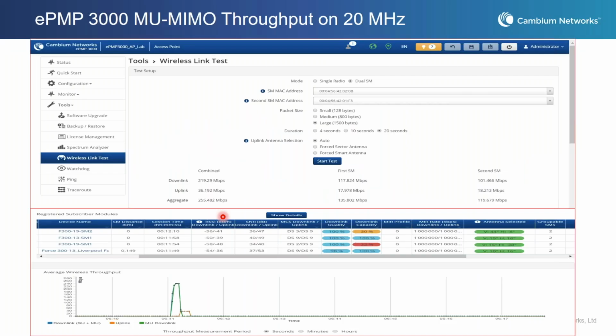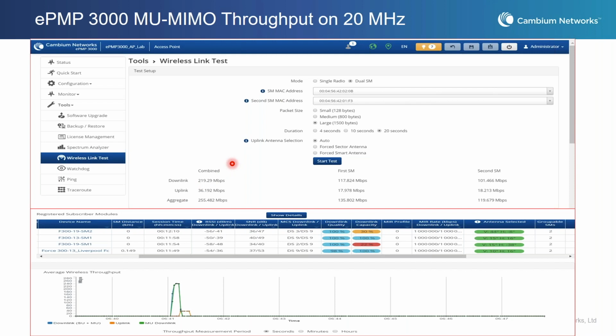All right, so this is a snapshot of the capacity that we were able to get on a 20 megahertz channel using the ePMP 3000, with 4 subscriber modules connected. You can see that the combined aggregate capacity on 20 megahertz is 219 Mbps.